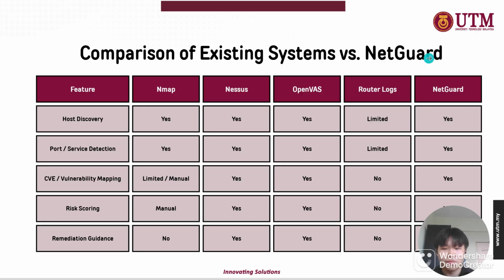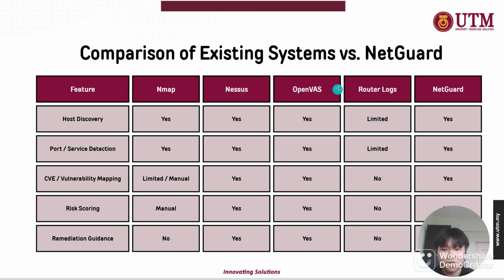These are the comparison table of existing systems versus our system. Nmap supports host discovery and port or service detection, and Nessus and OpenVAS provide more complete vulnerability mapping, risk scoring, and remediation guidance.